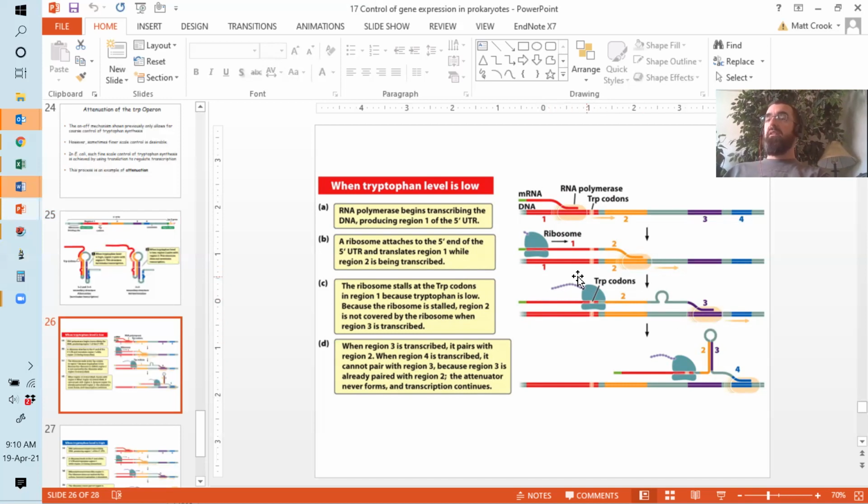And so the ribosome pauses, and you can see it kind of dragged along, as RNA polymerase transcribes region 3. So now 2 and 3 are available to pair because they have complementary sequence, and the 2-3 loop forms. And this is before RNA polymerase transcribes region 4.